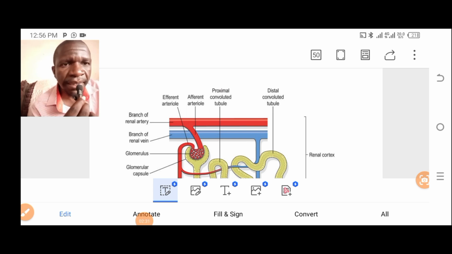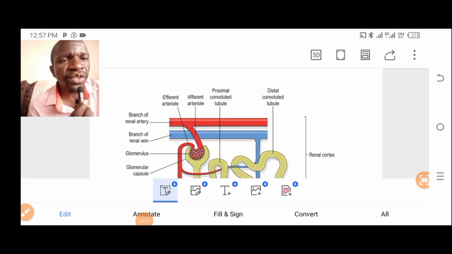This glomerulus is encapsulated, or invaginated, in the Bowman capsule or the glomerular capsule. This is a cup-shaped structure which continues to form the proximal tubule.